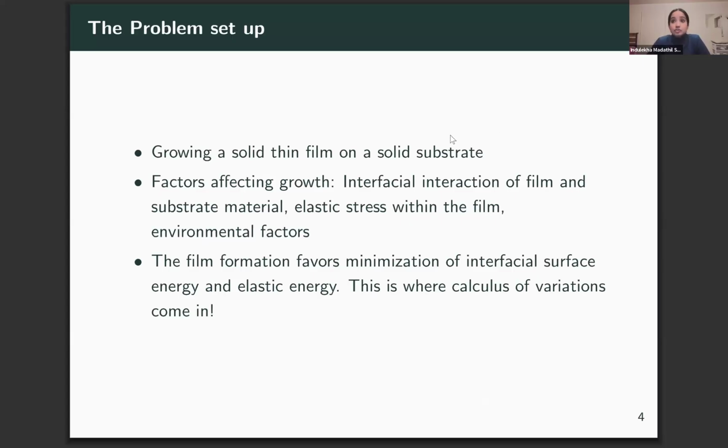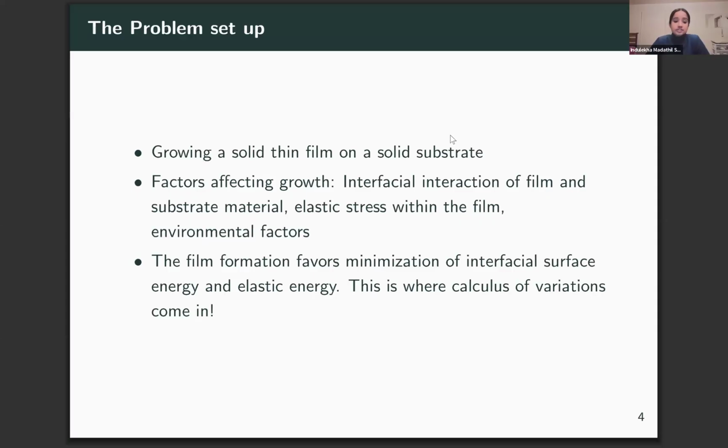And it could be a protective layer on a knee implant, or a protective layer on a heat engine, or it could be a part of a semiconductor. It can be many things, but most basically it is a thin film, a solid film on a solid substrate.